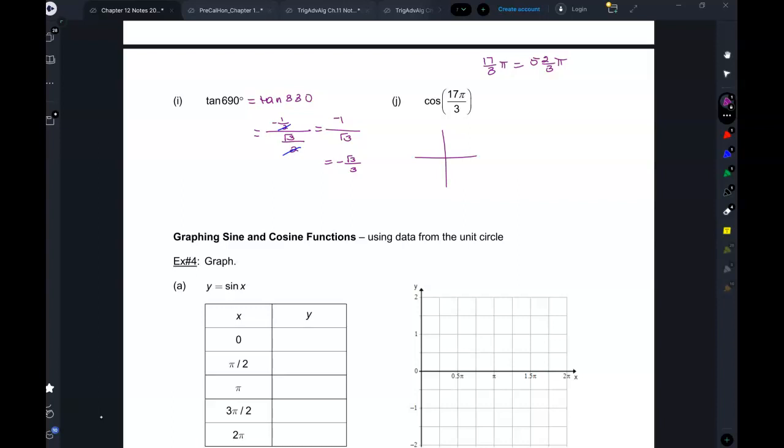But the reference angle is pi over 3 like this. Okay? So I want the cosine. To get to that coordinate, I go over 1/2, down root 3 over 2. So the cosine is going to be, yeah.